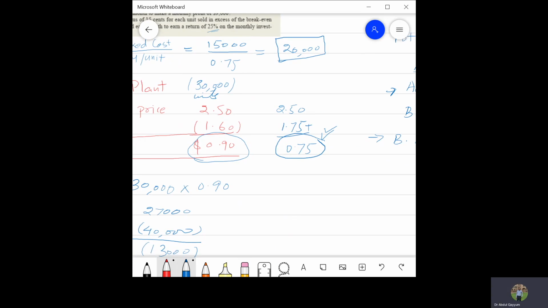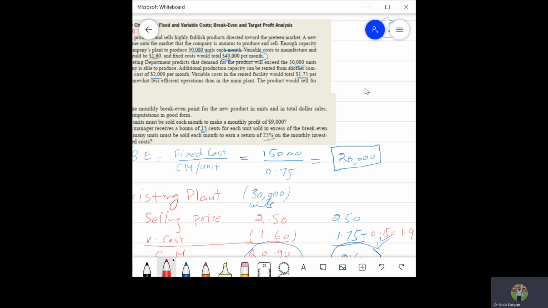So currently, from the rented capacity, we have 1.75 variable expense, which will increase by 0.15. So it will be 1.90, and this will leave 0.60. So our new contribution margin per unit will be 0.60.